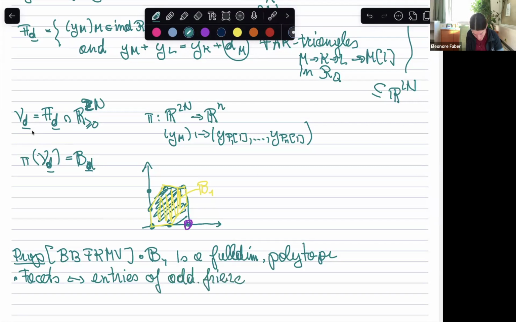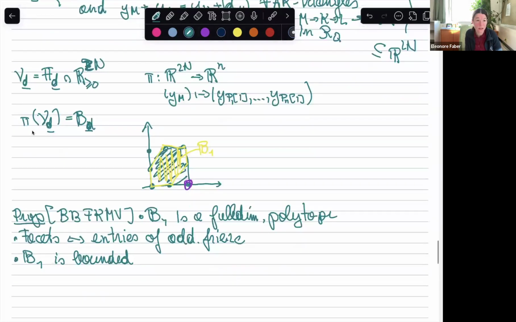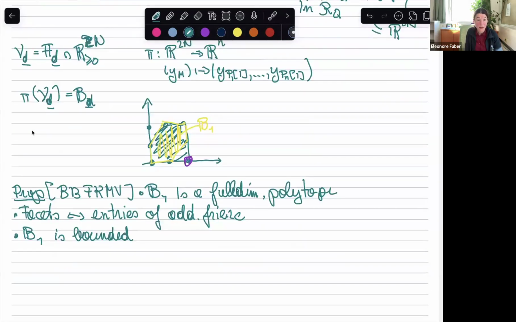And this is also actually a polytope, so it's bounded. So this is all what we expect. Then we can interpret, so you get some kind of homological interpretation. I'm pretty much out of time, I'm sorry.